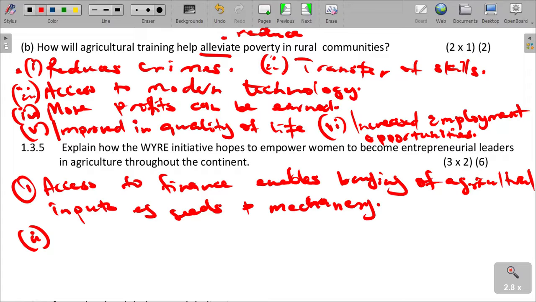We can also talk about the issue of trainings. Training exposes women to innovative agricultural practices, which can increase yields and reduce losses.